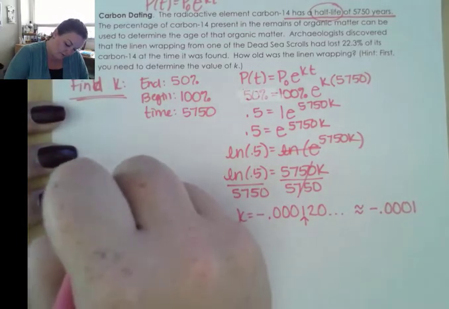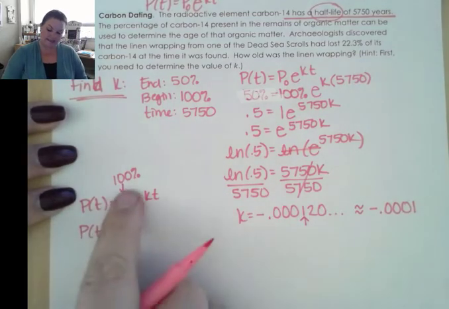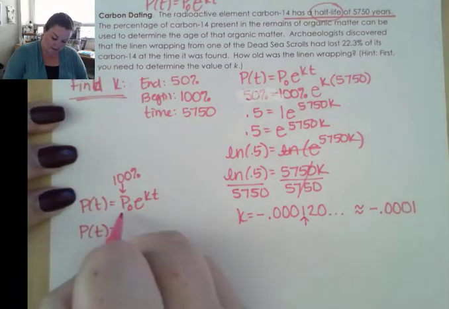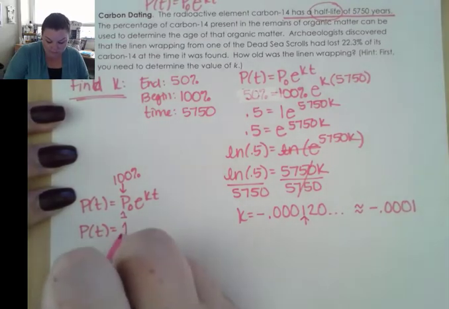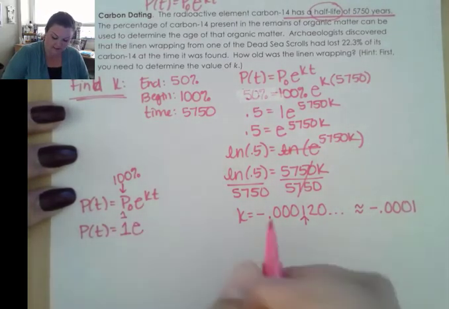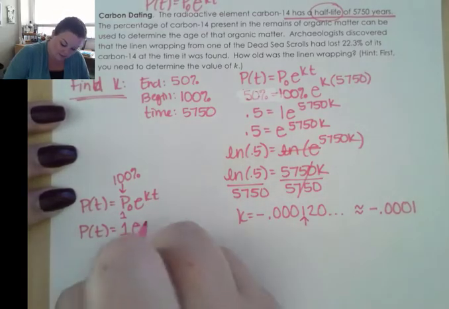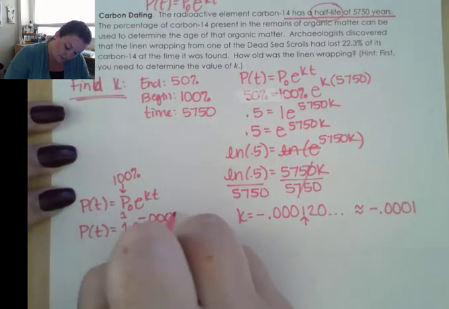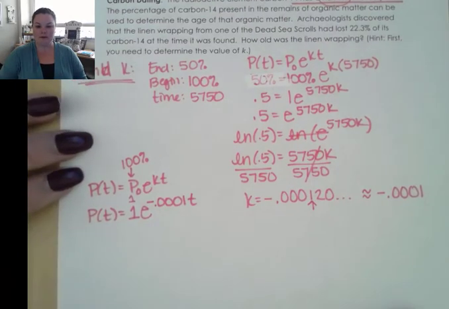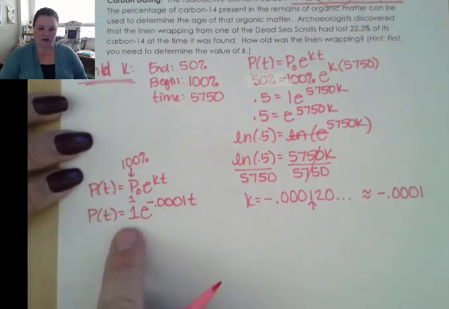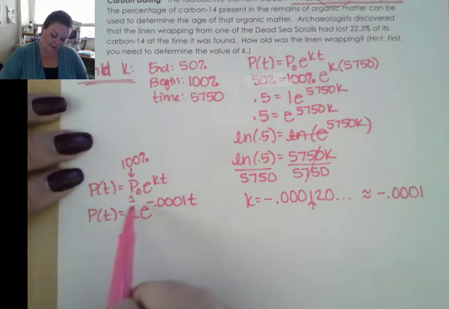So if I write 100% as a decimal, that's just 1. So I'm not even going to write it. I mean, well, I guess we can write it. 1 times e to the k, which we just found to be negative 0.0001 times our t. Okay. All right. So this is our growth rate function.